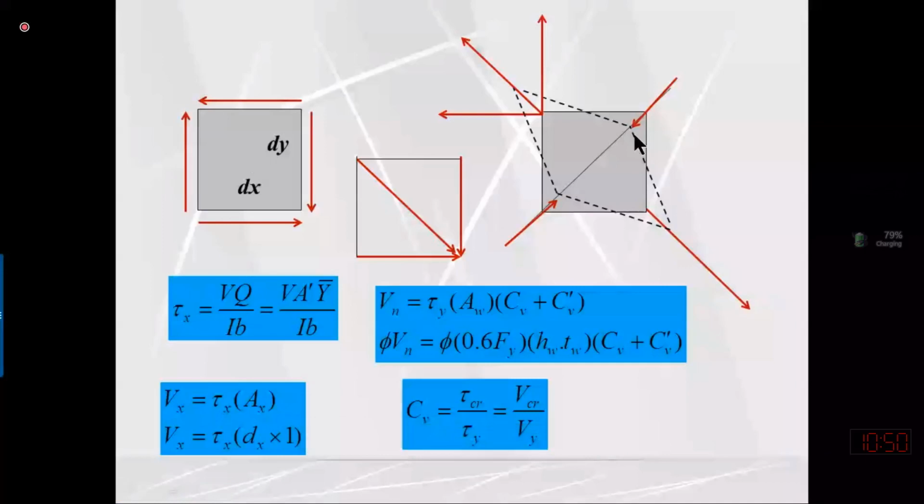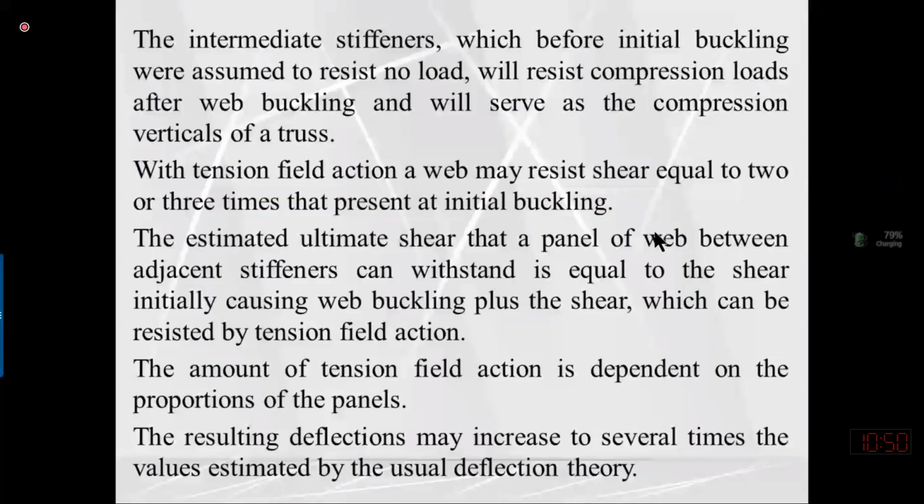Intermediate stiffeners, which before initial buckling were assumed to resist no load, will resist compression load after web buckling and will serve as the compression vertical of the truss. So what does it mean? It is very important to understand. Intermediate stiffeners only become active once the web buckles.